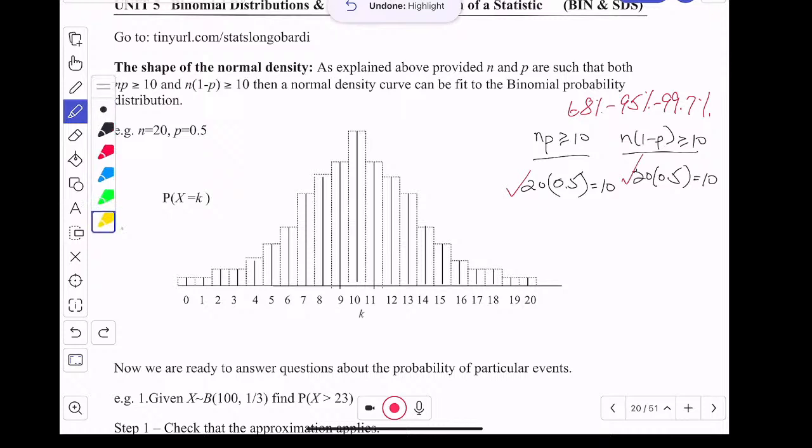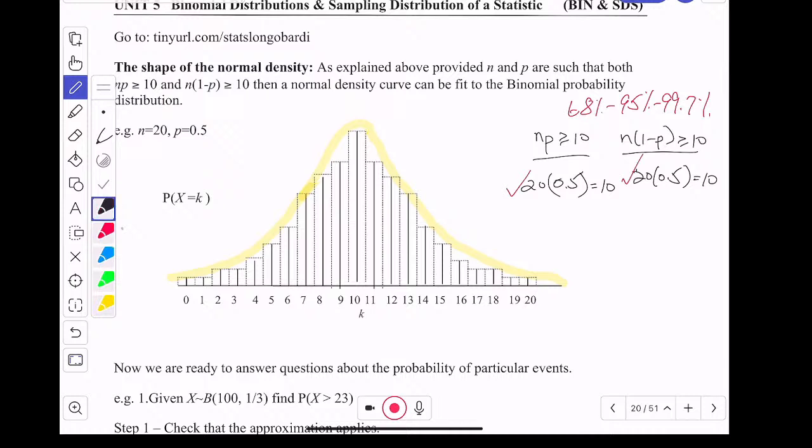I need a thicker one. Is what? It's approximately, actually I'm going to write it the long way.